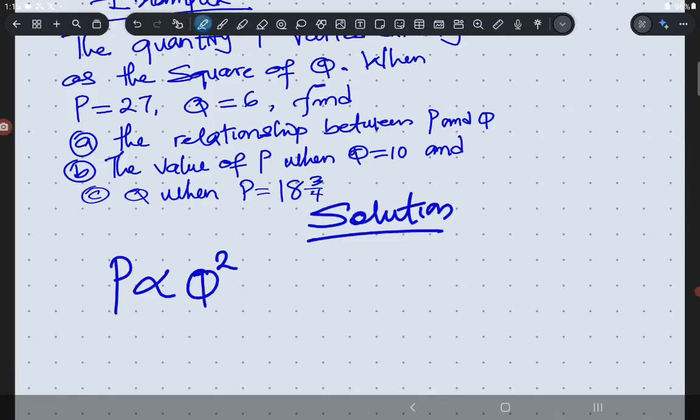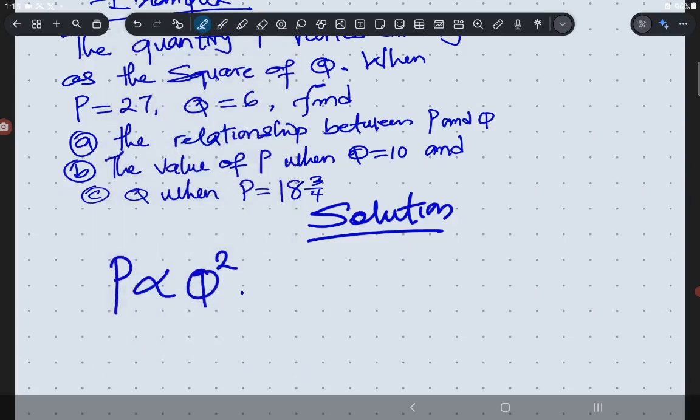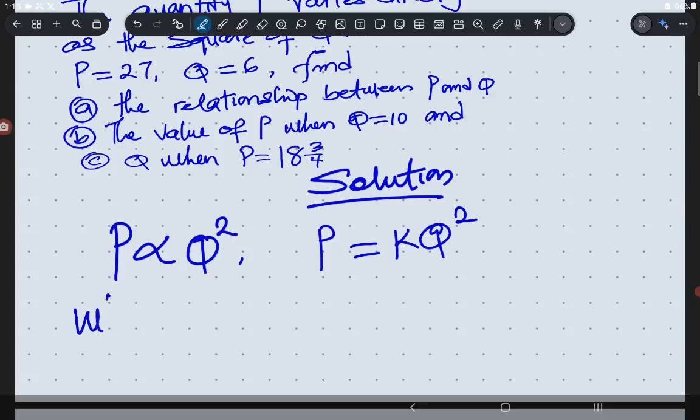This means that if P varies directly as the square of Q, then P is equal to KQ squared. We are given that when P is equal to 27, Q is equal to 6.